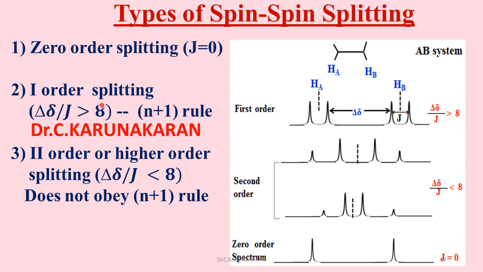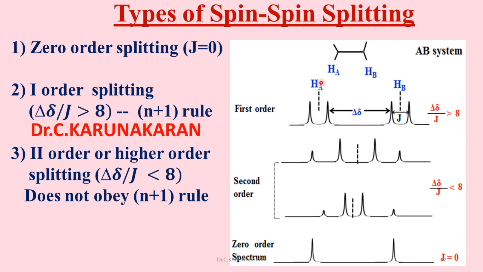Okay, now let us see first order splitting. What is first order splitting? In the case of first order splitting, the delta value from here to here is very much greater than the J value, that is, delta delta by J is greater than 8, then it obeys first order splitting, the n plus 1 rule.